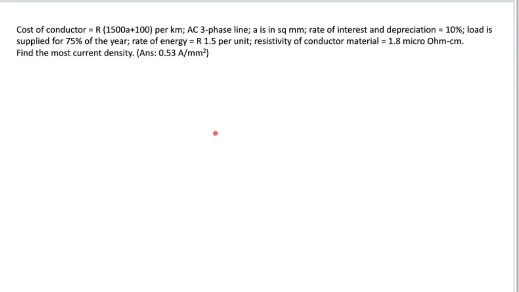It's up to you. You can choose L for 1 kilometer or 10 kilometer or 100 kilometer, it does not matter. You will have the same answer. If you choose L kilometer, then L kilometer will come into the cost of interest and depreciation, since it's per kilometer.